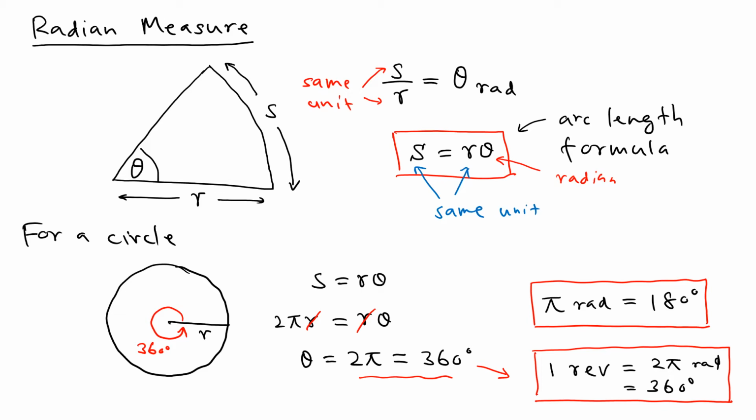So let's focus more on the radian degree conversion. We have pi radian equals 180 degrees. Now dividing by pi, because pi is a number, 1 radian is equal to 180 over pi degrees.